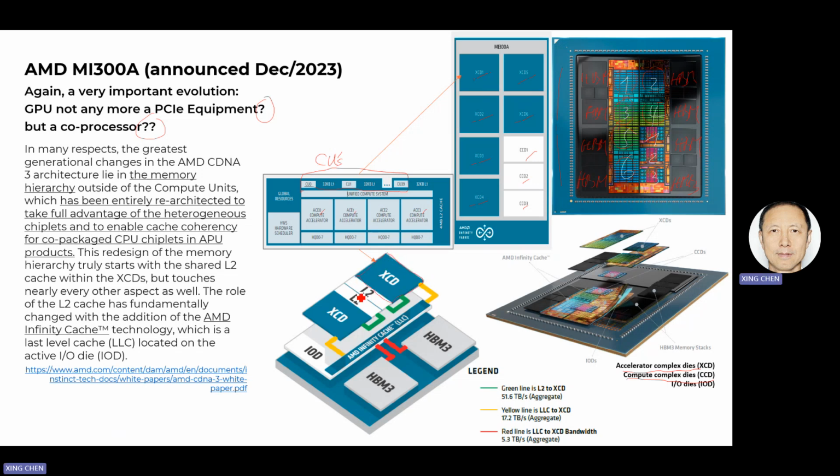Basically, this XCD is the compute die. We can simply say this is the GPU. Okay, this is simply the GPU. And each GPU has its own level 2 cache. The GPU is connected to the level 2 cache by this green link, which is the L2 to XCD link. And there is the bandwidth for this one. And then there is another yellow line, which is the LLC, last level cache to XCD link.